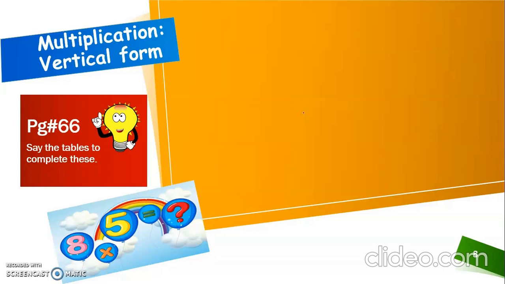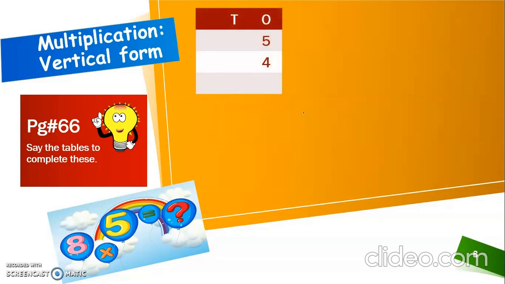Multiplication in vertical form. Now we will discuss how to multiply in vertical form. In vertical form, we line up the digits in columns by place value, as we stack the digits 5 and 4 in one's column and then draw the symbol of multiplication to the left of bottom number.